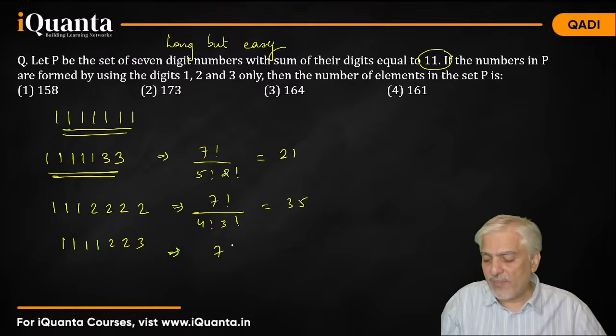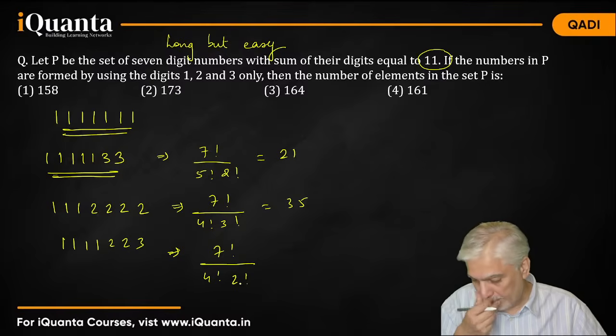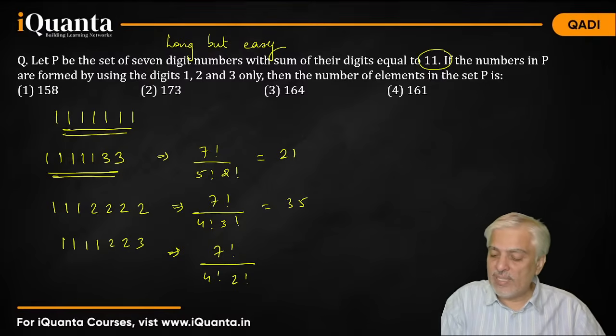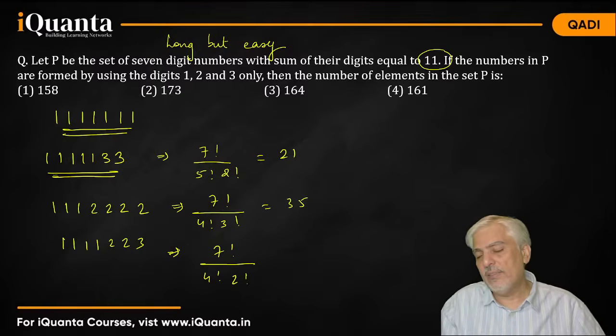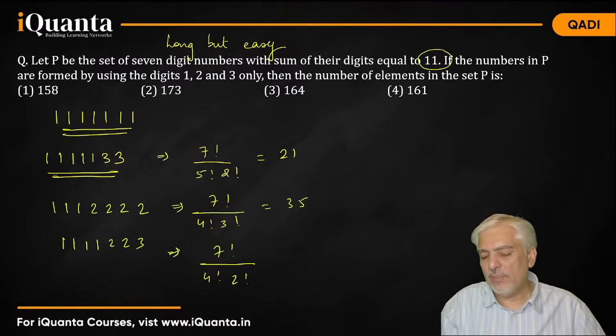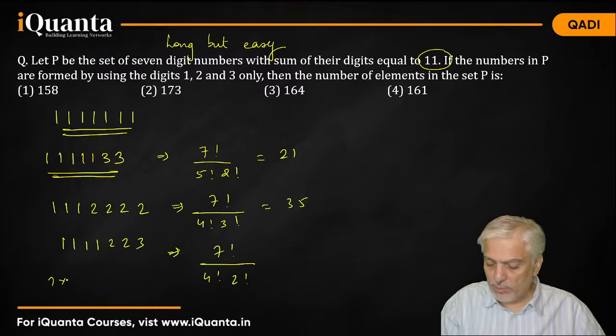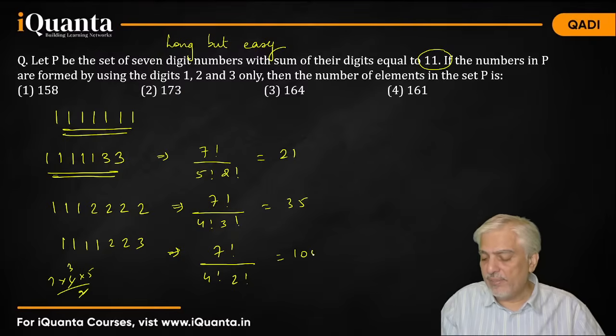This will be 7 factorial divided by 4 factorial into 2 factorial, which is 7 into 6 into 5 upon 2, so 105. So total comes out to be 161.